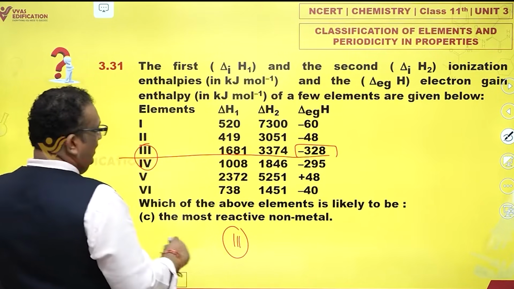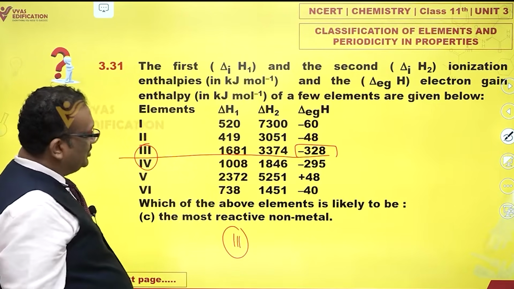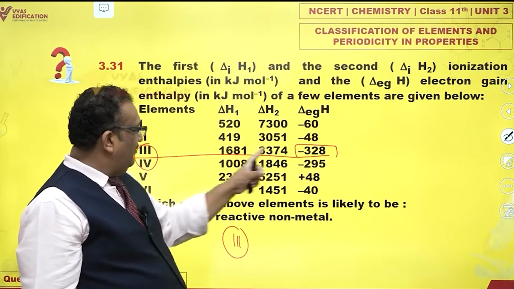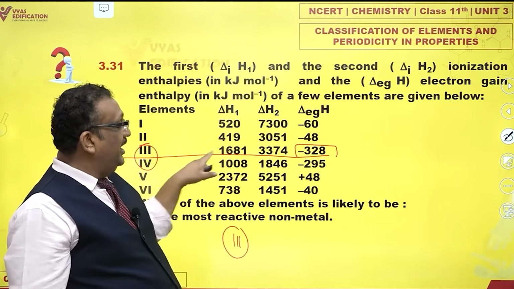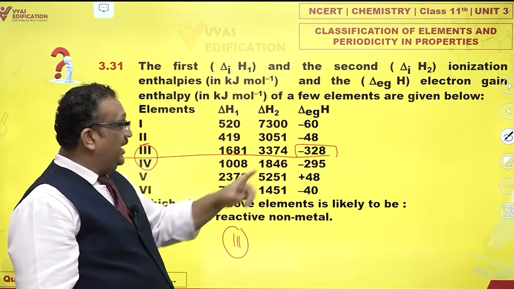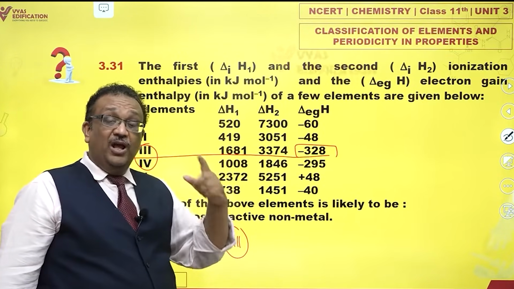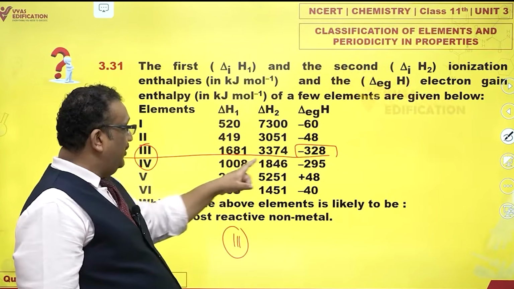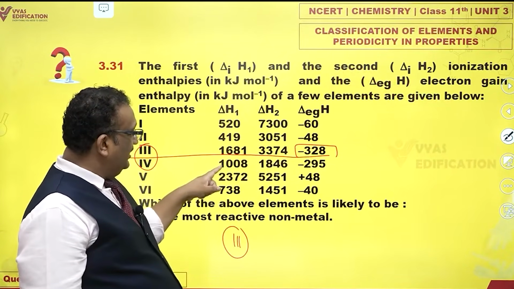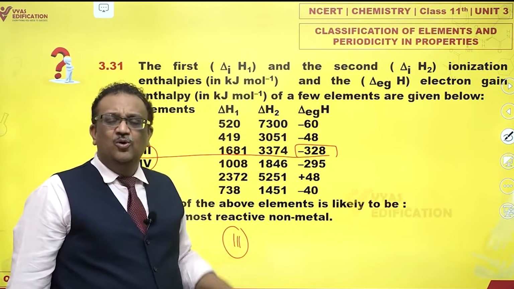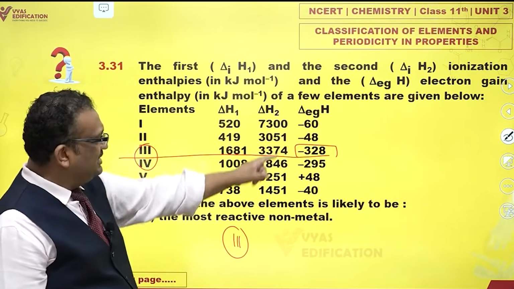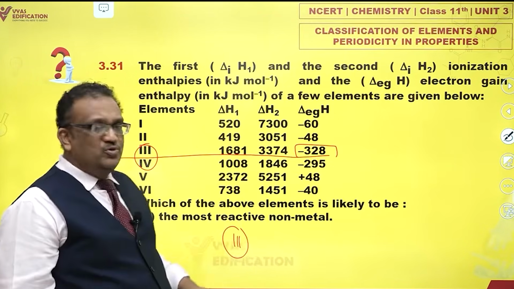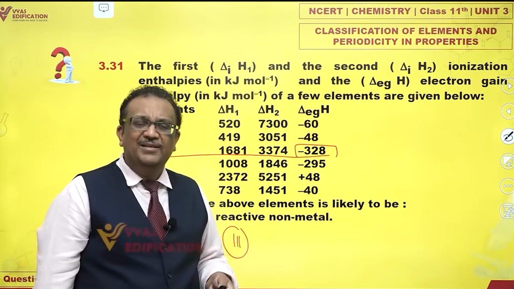Just observe this also. This has high electron affinity and also high ionization energy. Had this been fluorine, it would have a higher ionization energy compared to chlorine. No, and this one seems to have less. So there is no fear of an exception of F and Cl here. 3 happens to be the most reactive, and that makes absolute sense.